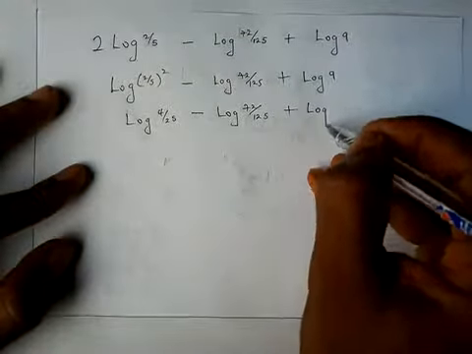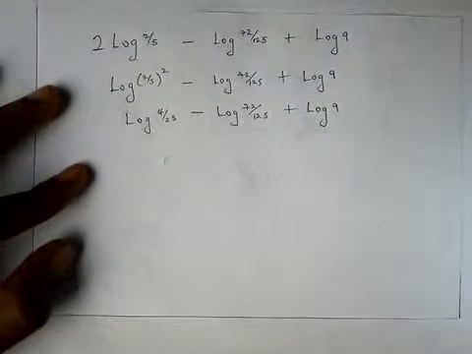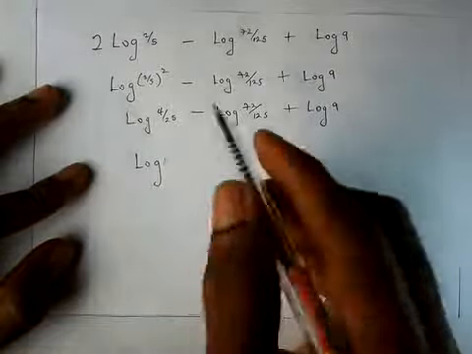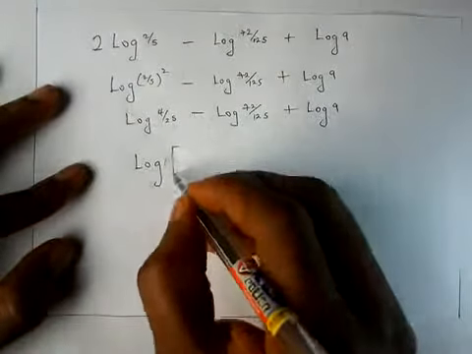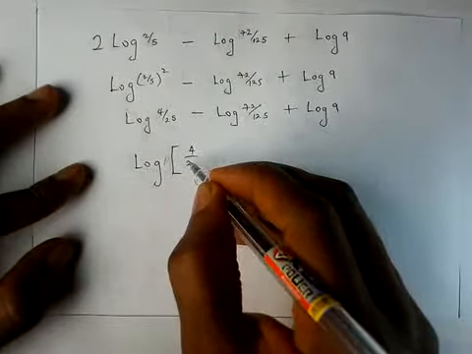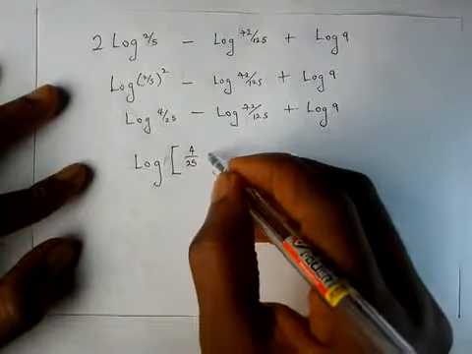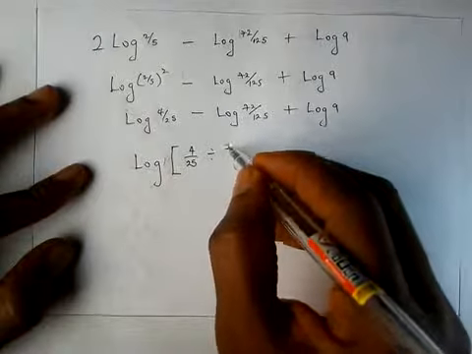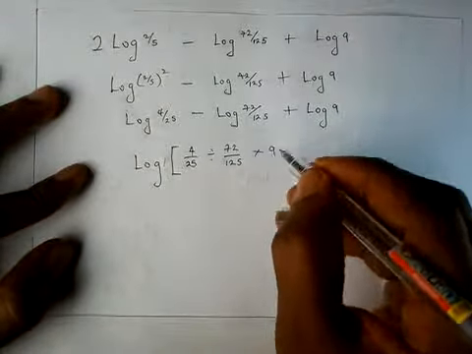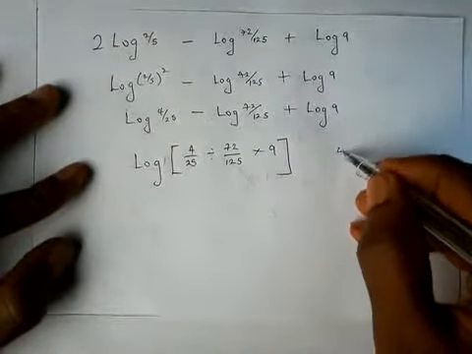So that's log 4 over 25 minus log 72 over 125 plus log 9. Now minus, you divide, so this is the same thing as log, since they're all in base 10, of 4 over 25 divided by 72 over 125 times 9. Let's simplify this by the side.